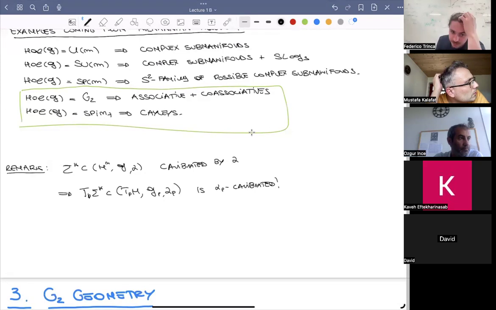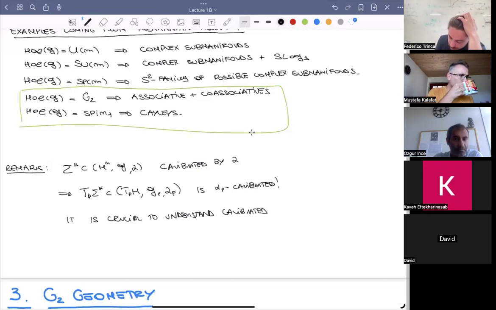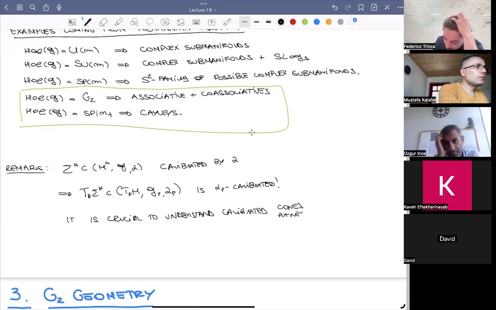And in particular, what this is telling us is that it is crucial to understand calibrated cones and planes in R^n.